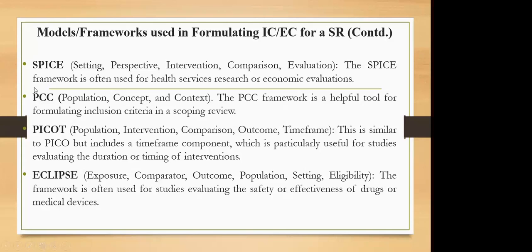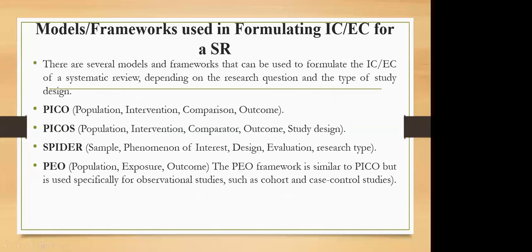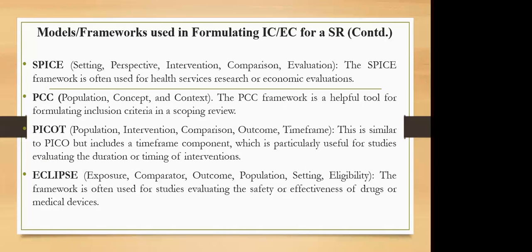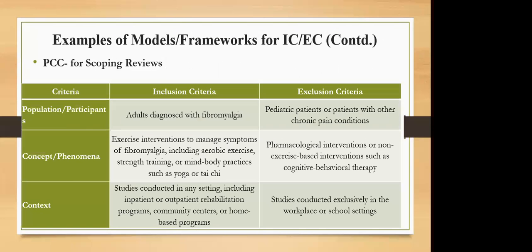Now, some of the things that I've actually talked about here are also synonymous with this, but now we're going to look at this PCC for scoping reviews. We're also going to look at that example as well as other examples where it has been applied. I went back so that we would be sure that we are still very familiar with all the models that I've listed out here.